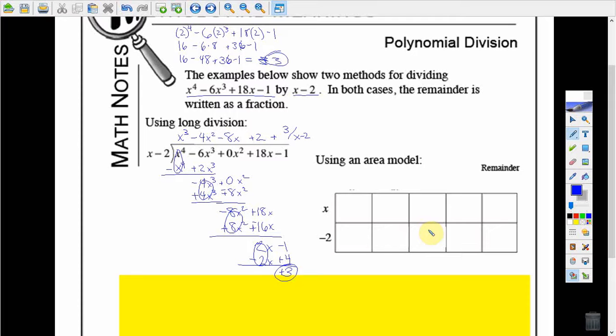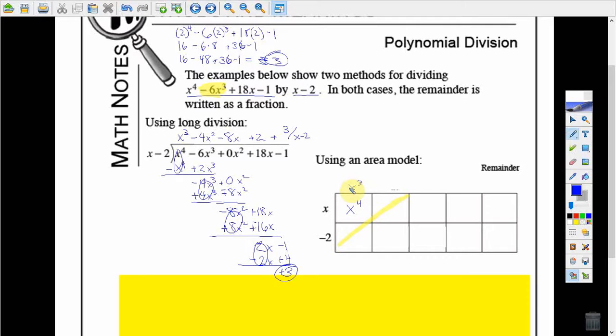The first thing we're going to start with is our x to the 4th. I'm just going to go in the top left box, and we're going to start filling this out the way that we would a normal area model. I'm going to ask myself, x times what gives me x to the 4th? Well, x to the 3rd. Now here's the real trick. These two boxes are going to add up to negative 6x cubed.